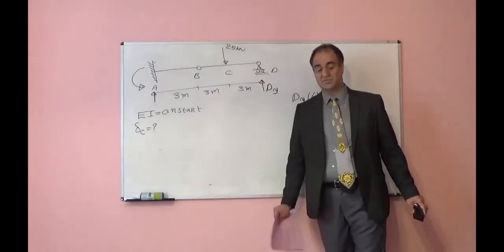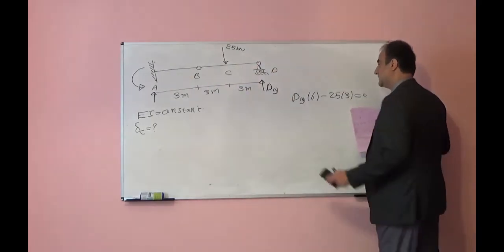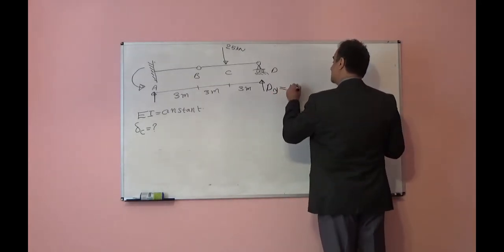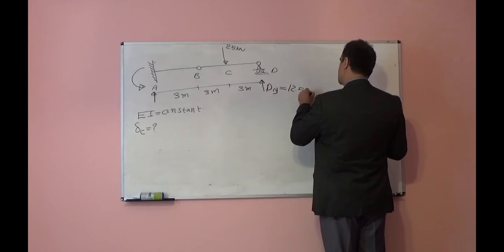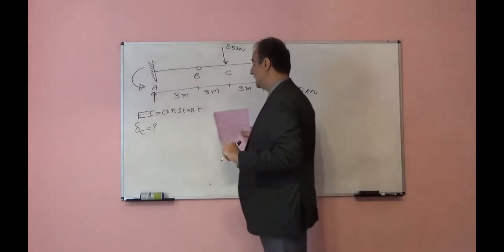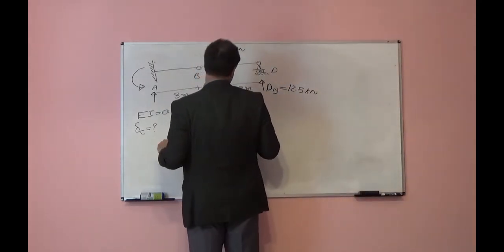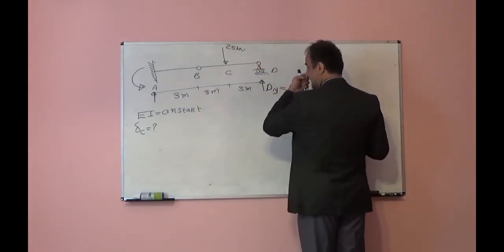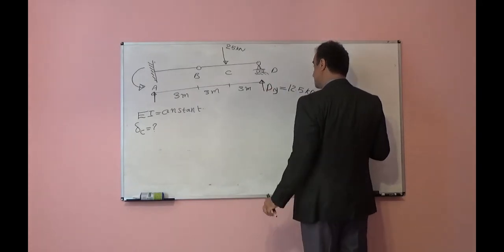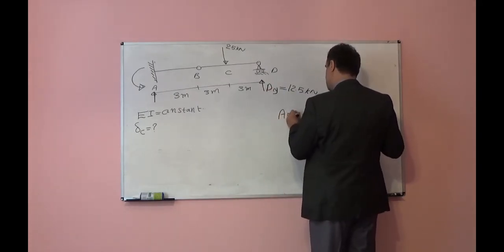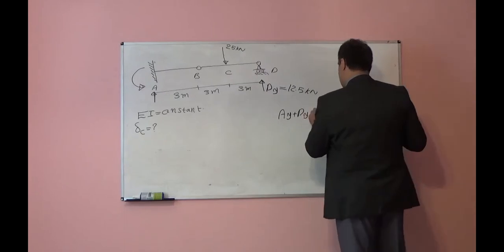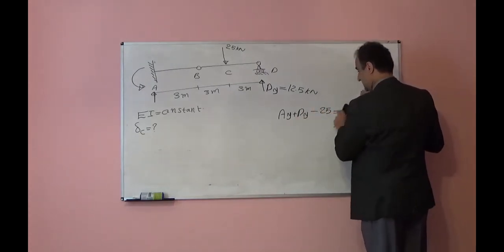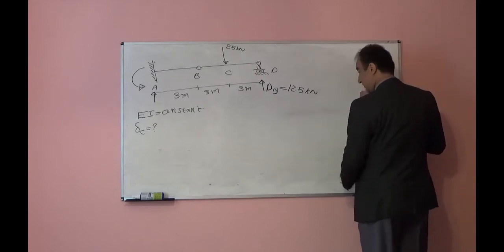And I wrote that for only the right side. So from there, dy will be 12.5 kilonewton. If I write summation of force in vertical direction, AY plus dy minus 25 is equal to 0. From there, AY is equal to 12.5.